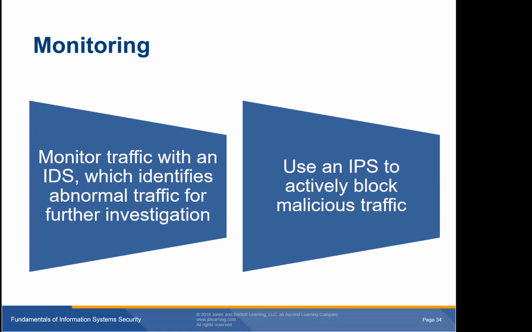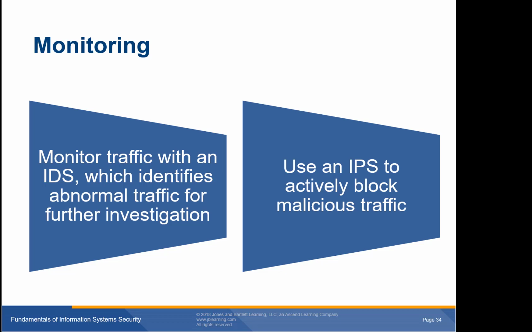How can you prevent the leakage of sensitive information from your organization? There is no fail-safe method, but monitoring is key. Of course, you can't watch every IP packet on your system. Even if you could train humans to do this mind-numbing, boring work, you wouldn't be able to put enough people on it. Instead, you must monitor your traffic with an intrusion detection system, or IDS. The premise behind an IDS is that you identify abnormal traffic for further investigation.